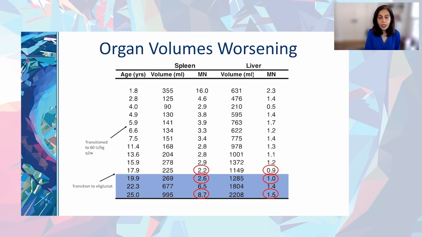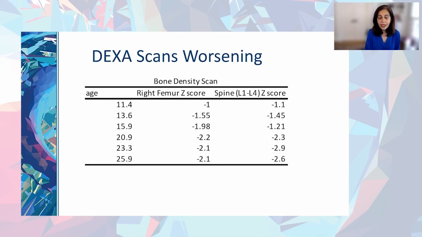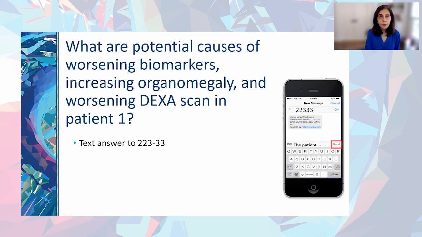You can also see that over now a period of time that he was on eliglustat, his spleen volume was now 8.7 times multiples of norm, and the liver volume was now 1.5 times multiples of norm. The DEXA scan was actually showing us worsening. He now was osteoporotic, both in the femur Z-score as well as in his spine Z-score.